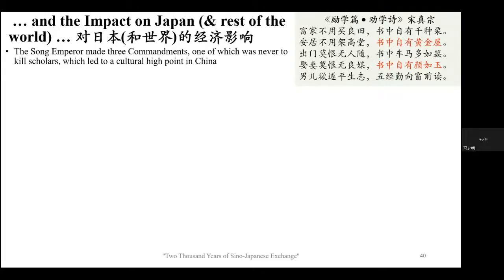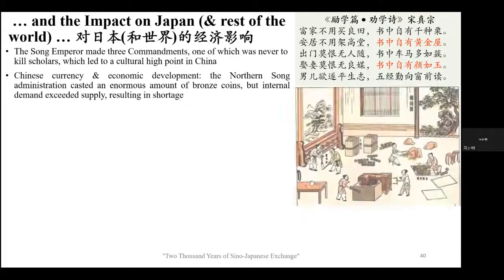One unique characteristic of the Song dynasty was the emperor made 3 commandments, one of which was never to kill scholars. And as a result, we have on the top right-hand corner a phrase called several poetry lines. 书中自有黄金屋 means if you learn enough, you study enough, you can become wealthy, right?